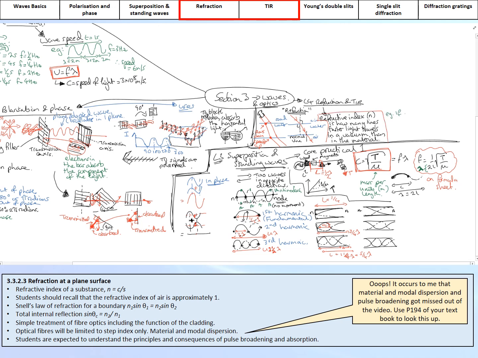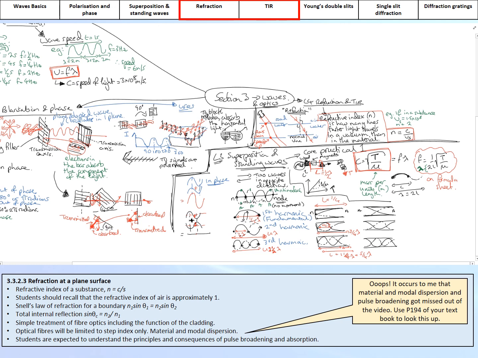E.g., if the speed in a substance is equal to 1.5 times 10 to the 8, then n will be equal to 2. We're going twice as fast in a vacuum. How did we get there? We took 3 times 10 to the 8, which is the speed of light, and we divided it by the velocity in the material, 1.5 times 10 to the 8. And that tells us how many times bigger c is than v, the velocity in the material. So that is our formula for refractive index.